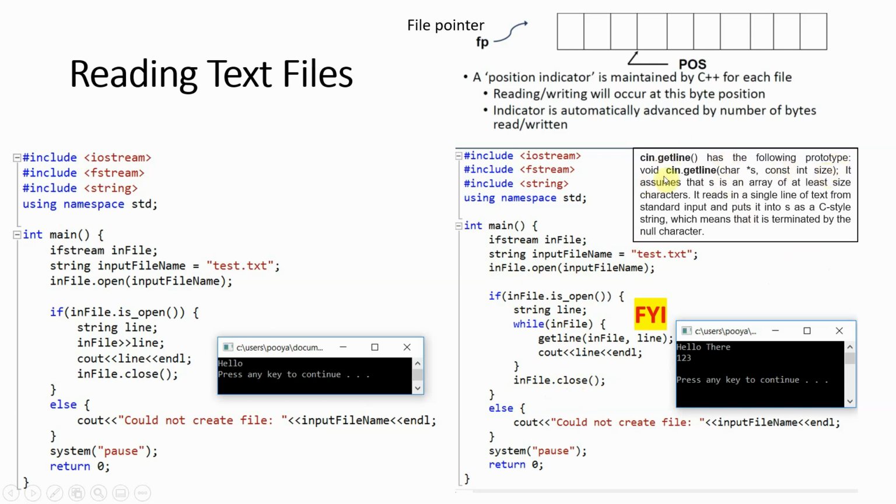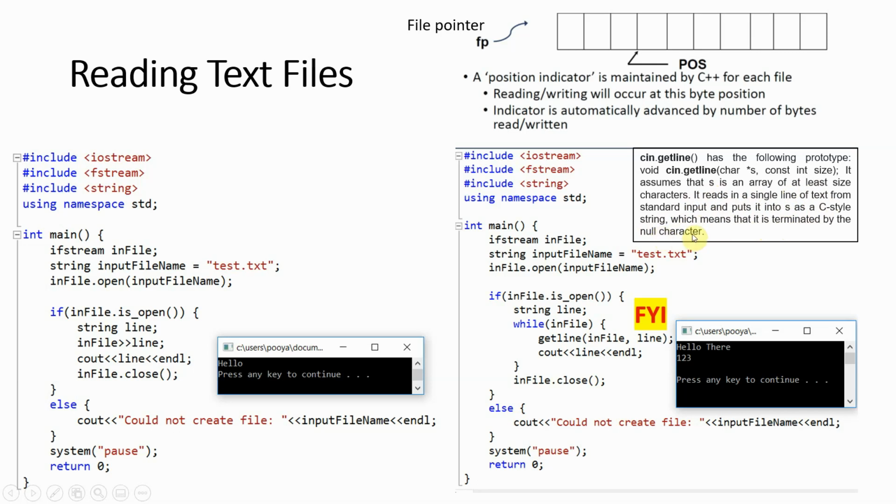Okay, cin.getline has the following prototype. This is how this function is defined in the compiler. It assumes that s is an array of at least size characters. It reads in a single line of text from standard input and puts it into s as a C-style string, which means that it is terminated by the null character.